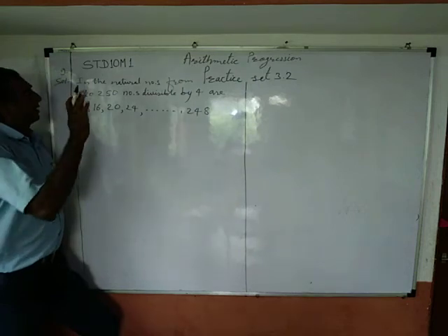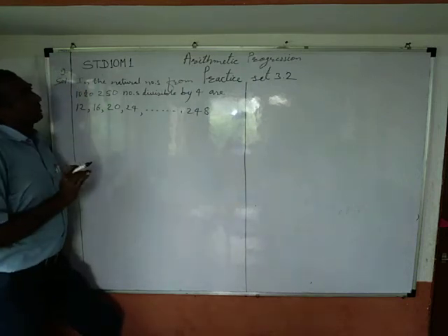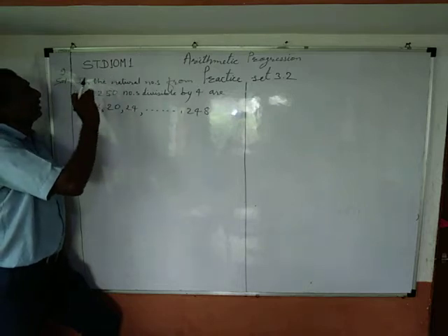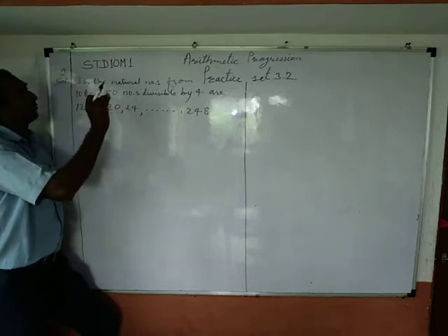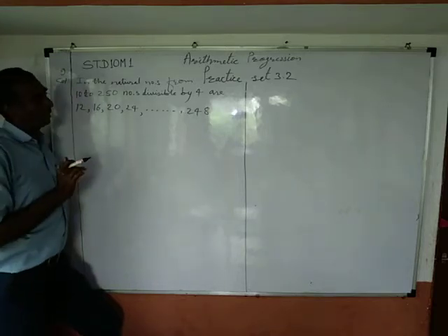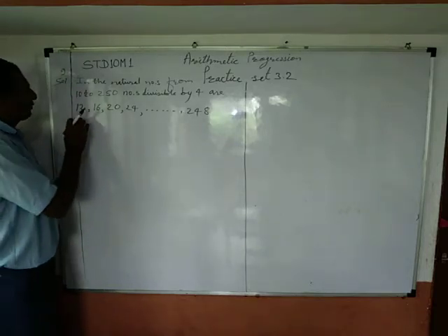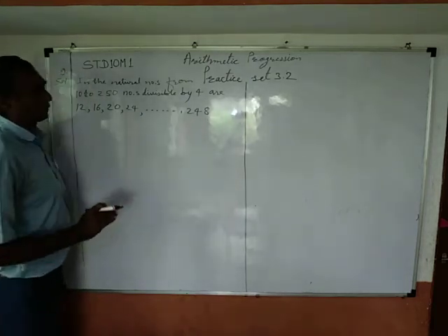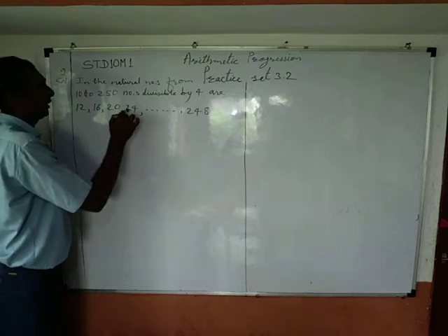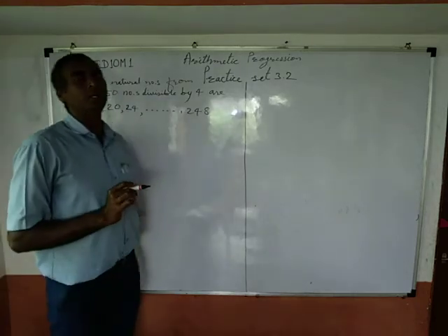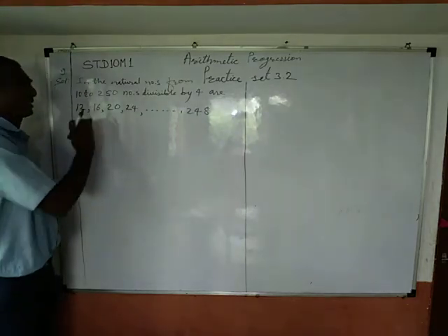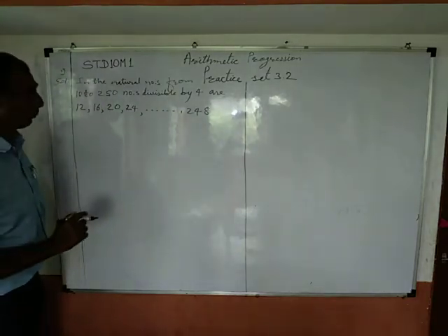We cannot consider 10 and 250 because it talks about the natural numbers from 10 to 250 divisible by 4, in between we want. Okay. And if you observe this sequence carefully, there is a difference of 4 between any two consecutive terms, and therefore this sequence is an AP.